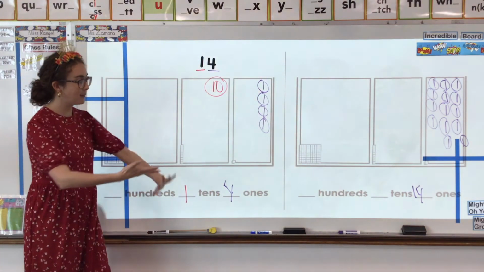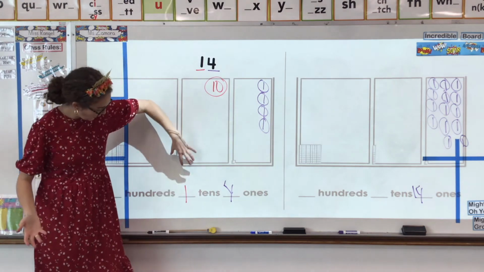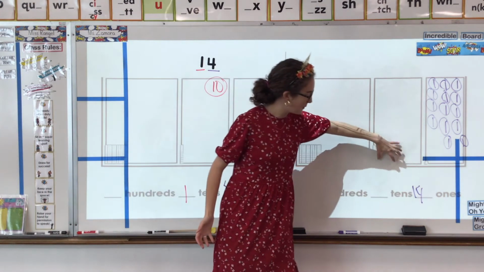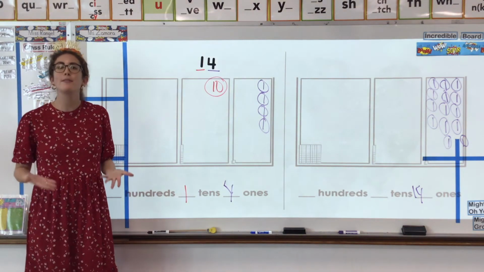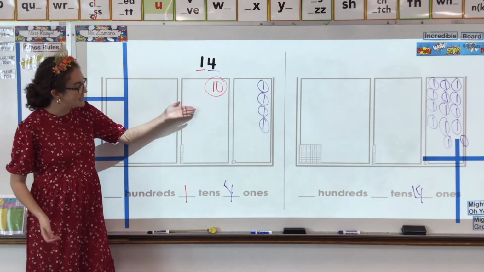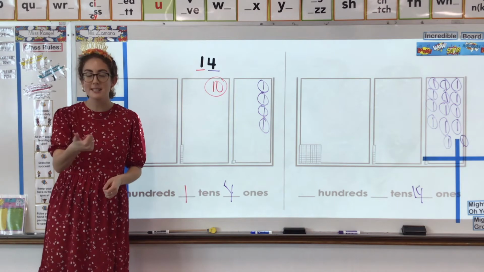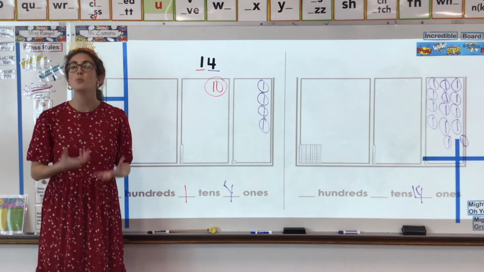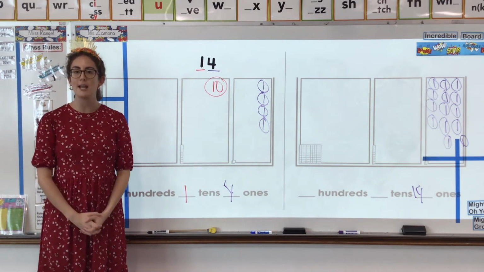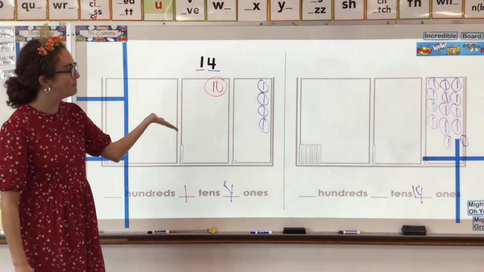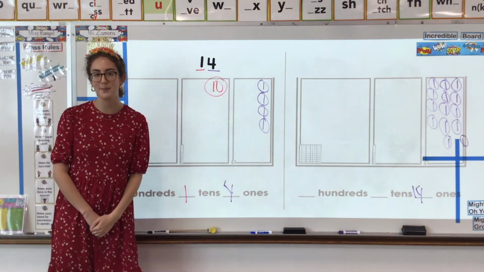We showed this number two different ways, two different unit forms, but it still equals the same value. These different groups of tens and ones will still get you the same number, the same value in all. It doesn't matter how you show it.